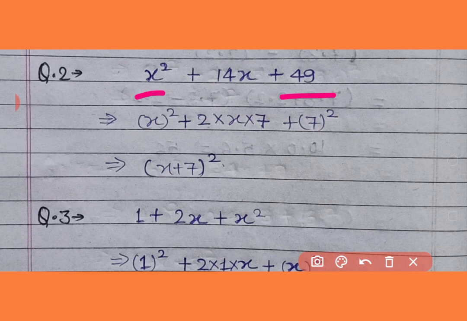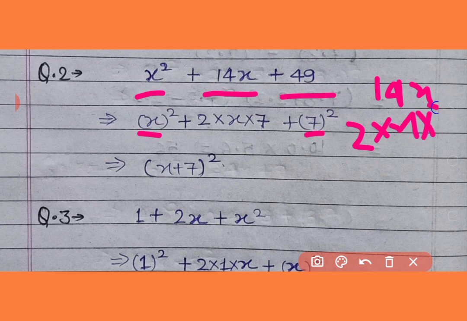So we have to break 14x into 2ab. So 14x is equal to 2 times, with the value of a being x and the value of b being 7. If their multiplication is 14x, then it means this is in the form of a square plus b square plus 2ab.